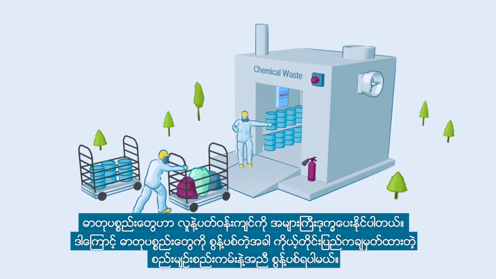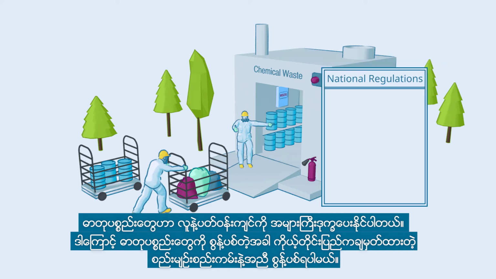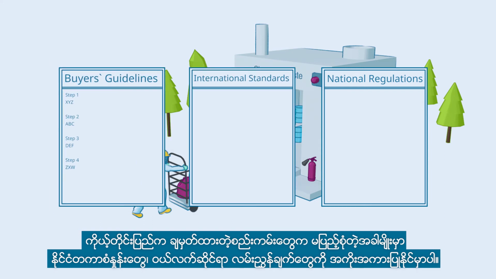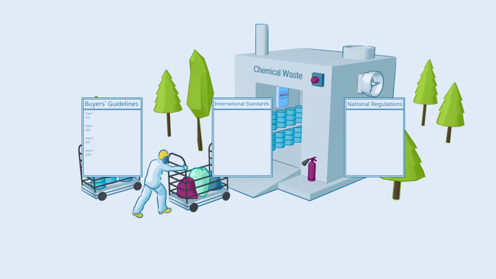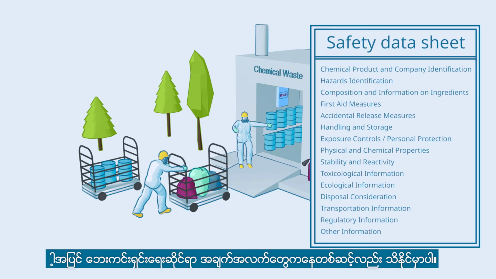Hazardous chemicals can have a significant impact on human health and the environment. Therefore, chemical waste needs to be disposed according to your national regulations. In the absence of adequate national regulations, international standards and buyers' guidelines can provide guidance. Also, check the disposal procedures from the safety data sheets.